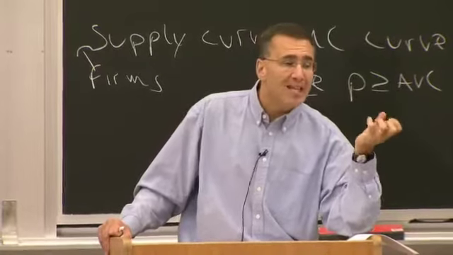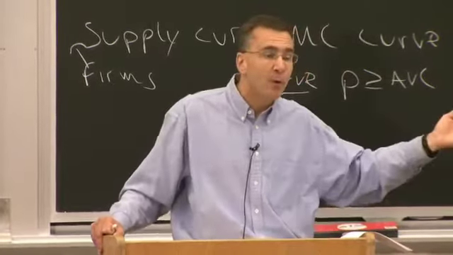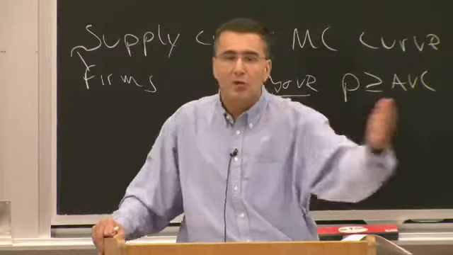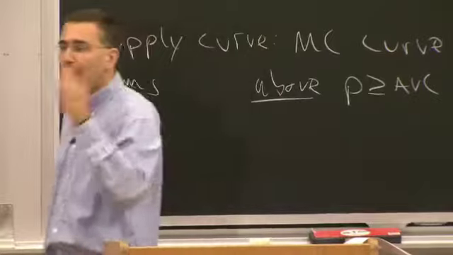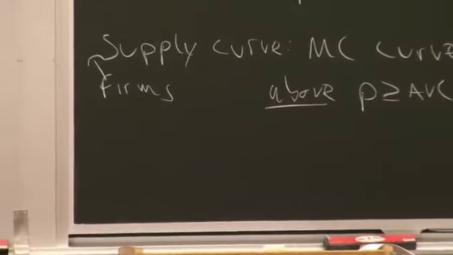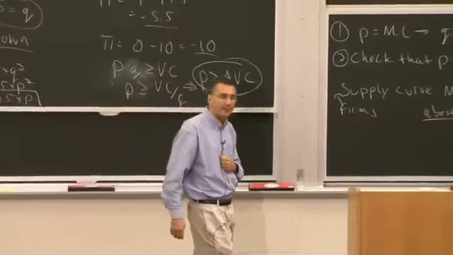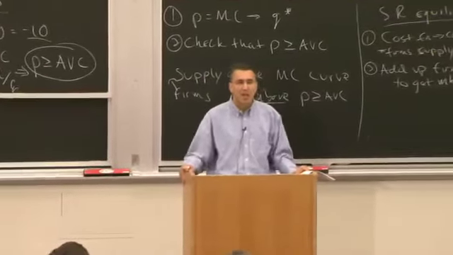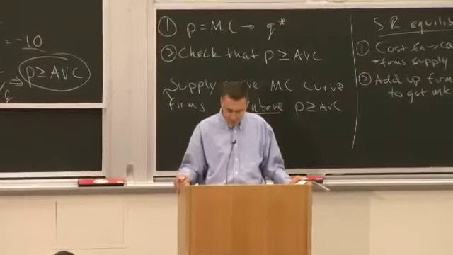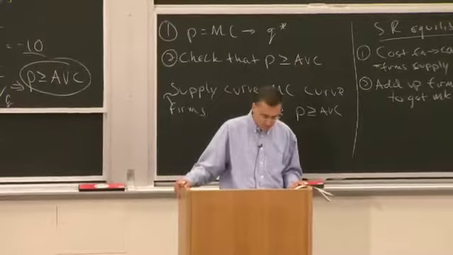Well, the more identical firms I have, every time I raise the price by $1, I call forth production from all these firms. So for every increment in price, the more firms in the market, the more production I call forth. Therefore, the more elastic is supply. So as there are more firms, that market supply curve becomes more and more elastic. That's the second step.